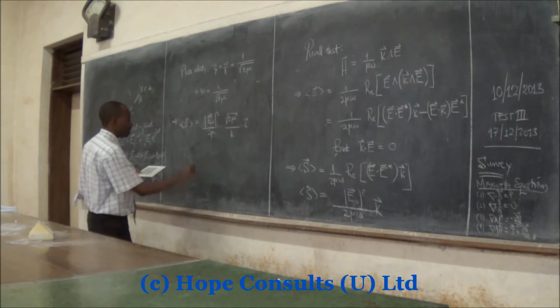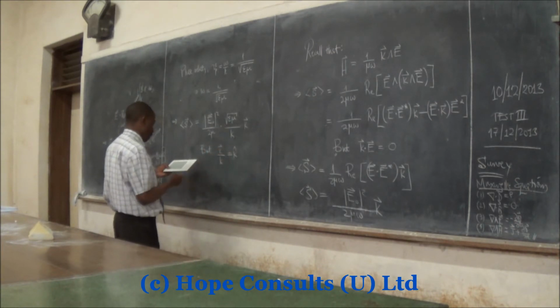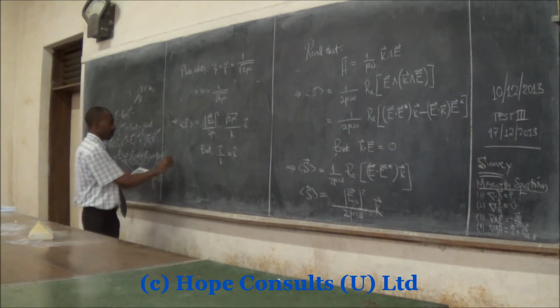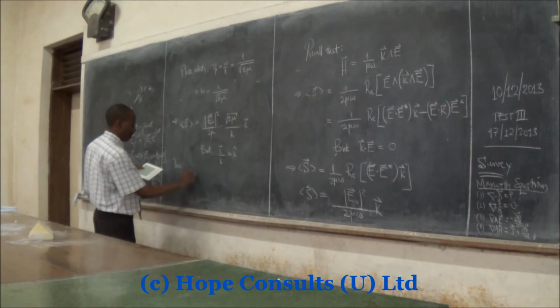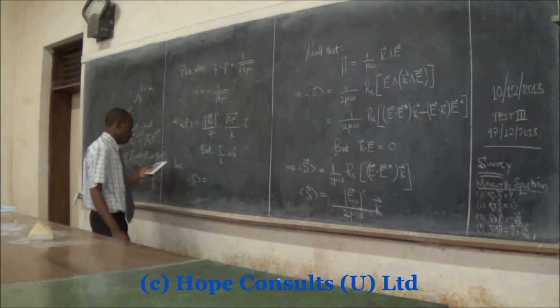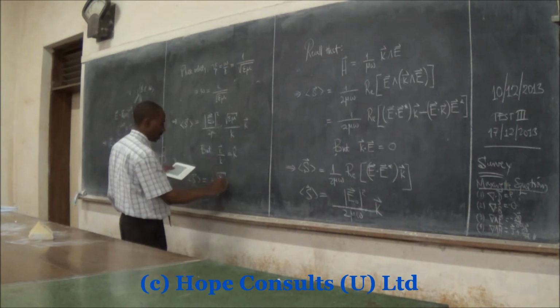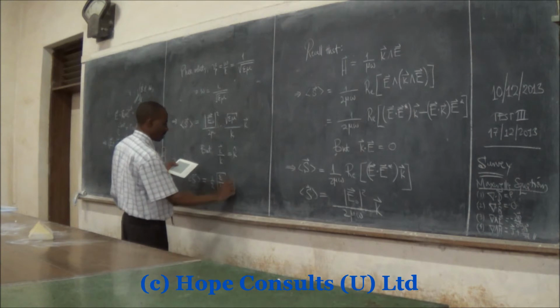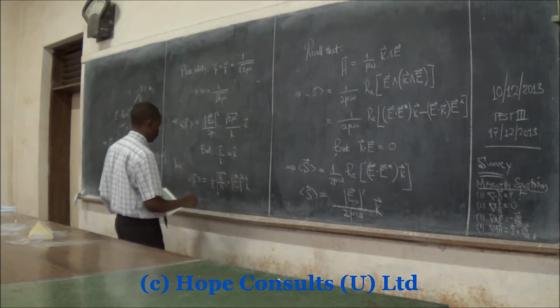So that means that if k over k is equal to k root, it implies that our S would be equal to a half the root of epsilon over mu, multiplied by the E naught squared and our k root.